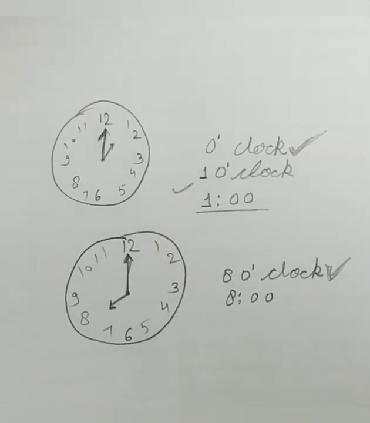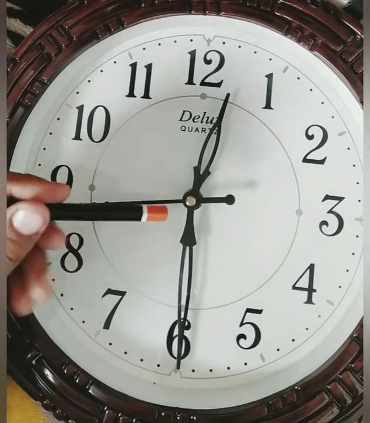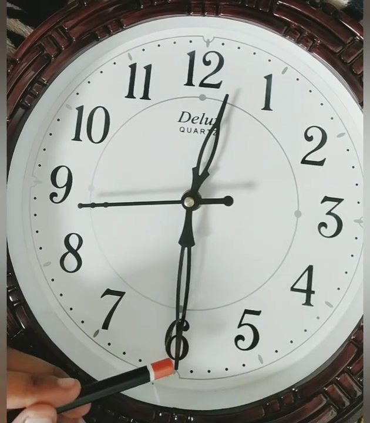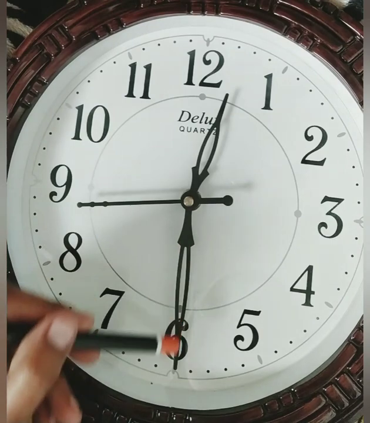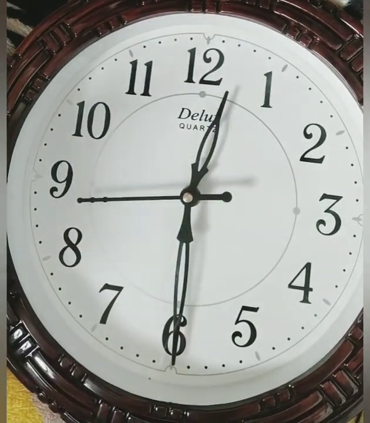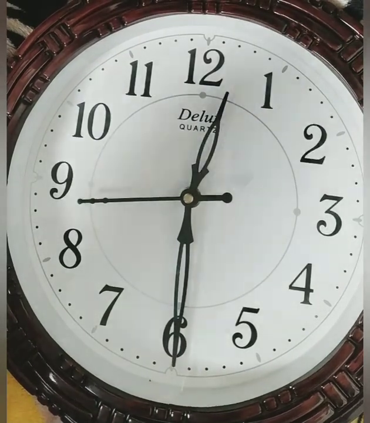Now come ahead. Now you can see here I set the big hand of the clock towards the 6. So children, whenever the big hand of the clock is towards the 6, the time will always be in 30, or the time is known as half past.